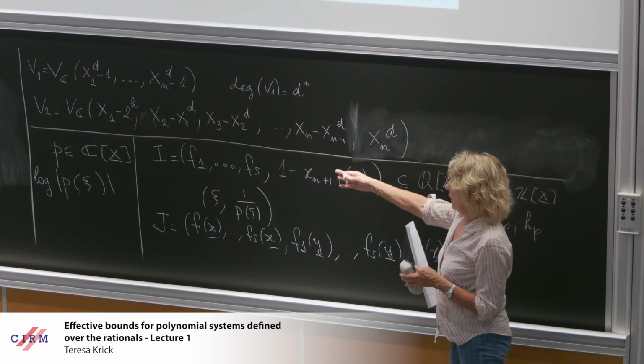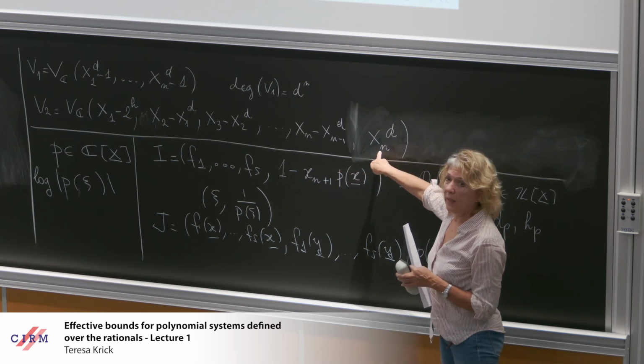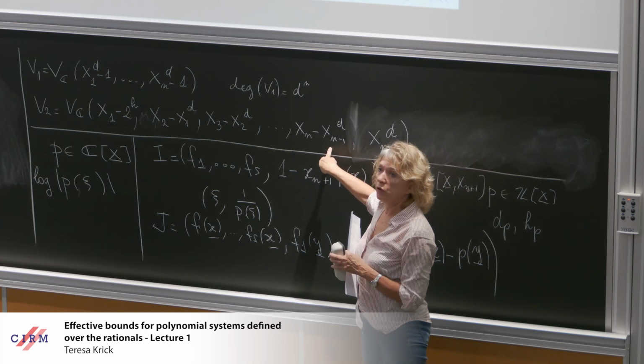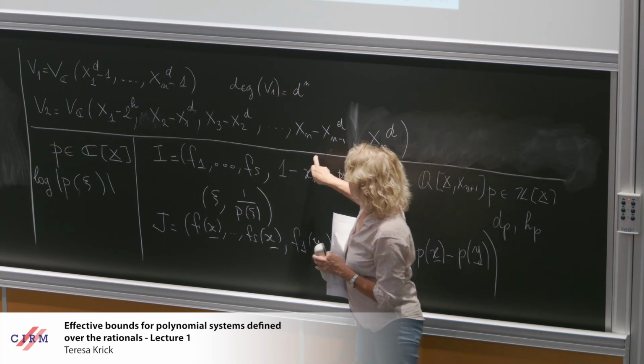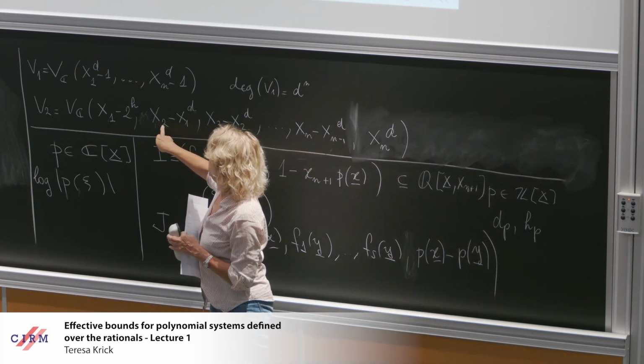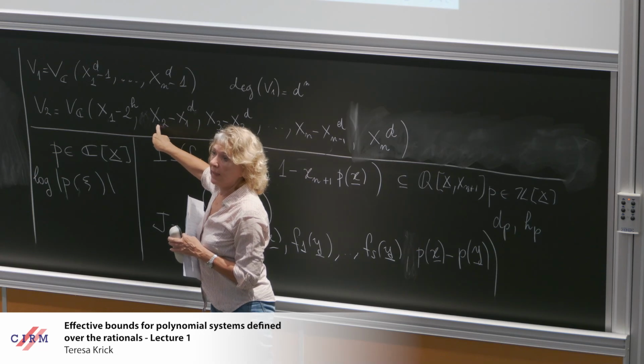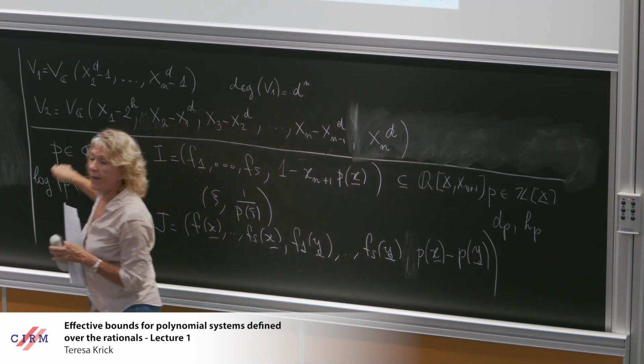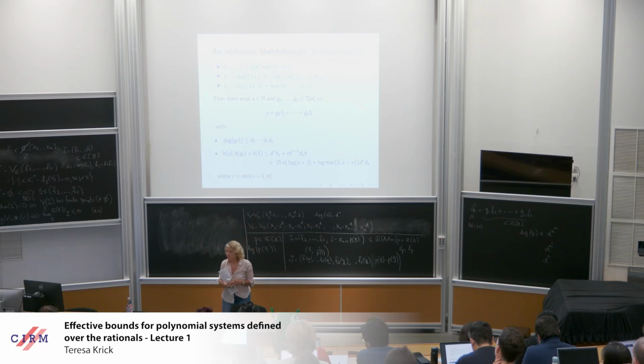So here it's forced. Xn has to be 0. But if xn has to be 0, xn minus 1 has to be 0. And then I have x2 has to be 0. And x1 has to be 0, but x1 is 2 to the h. So this variety is obviously empty.